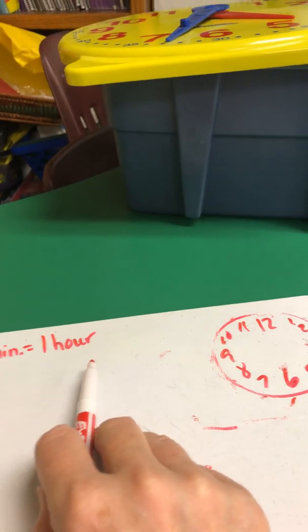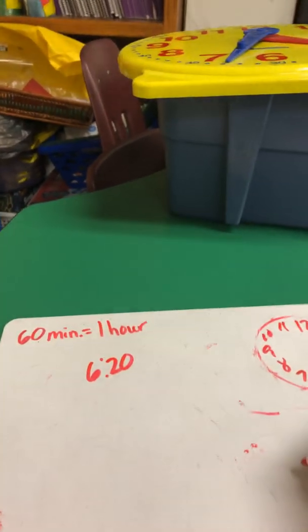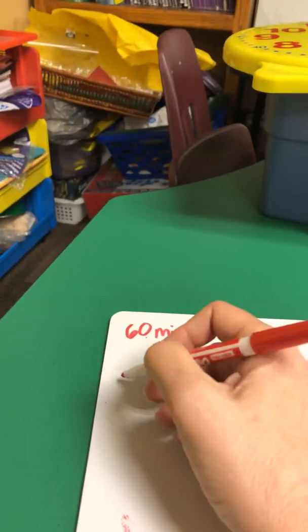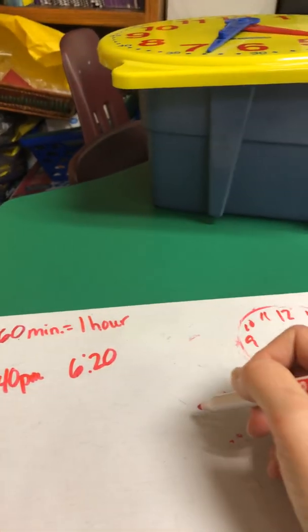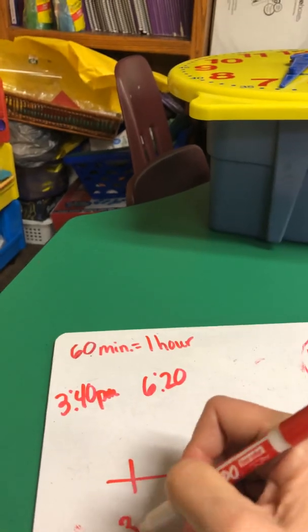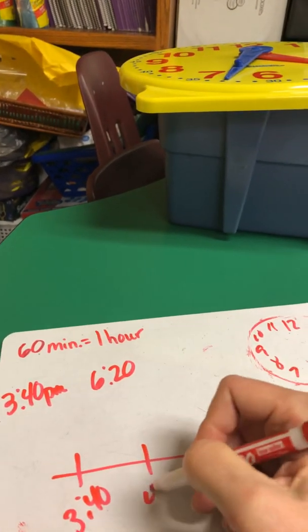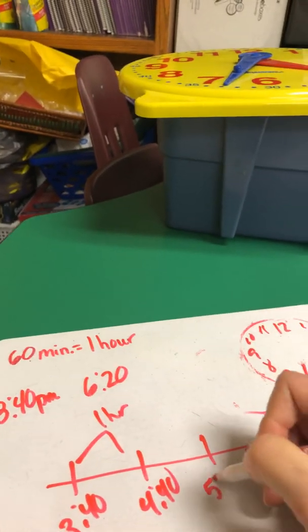Okay, let me do another example, keeping in mind 60 minutes in an hour. So if I got home at 6:20 and I had left at 3:40, how long would that be? Again, I could do my timeline, and I could go from 3:40 to 4:40 to 5:40.